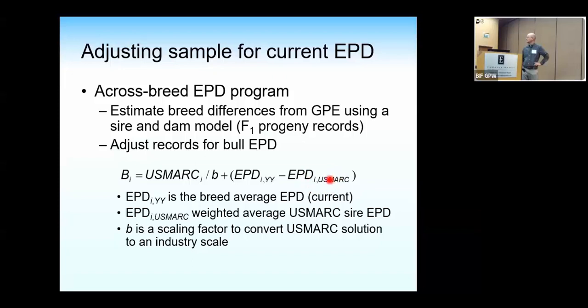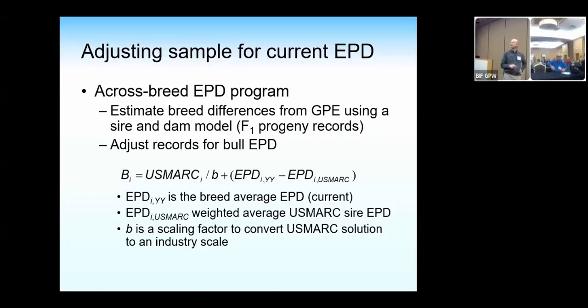So this is a weighted mean average of the EPDs for the bulls we sampled. This is the EPD of the current breed average, adjusting for that sampling, and then adjusting our solution that we're getting out from the mixed model by a scaling factor, which is based on a regression of how well the EPDs actually reflect the phenotypes that we're seeing at the Meat Animal Research Center.